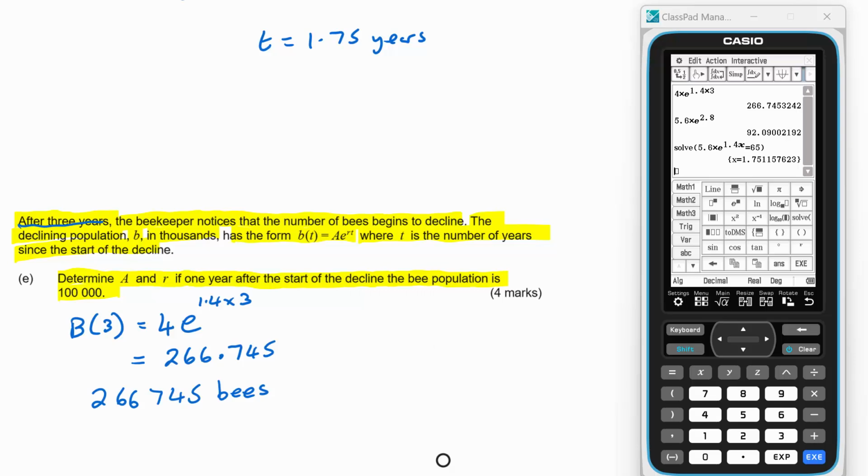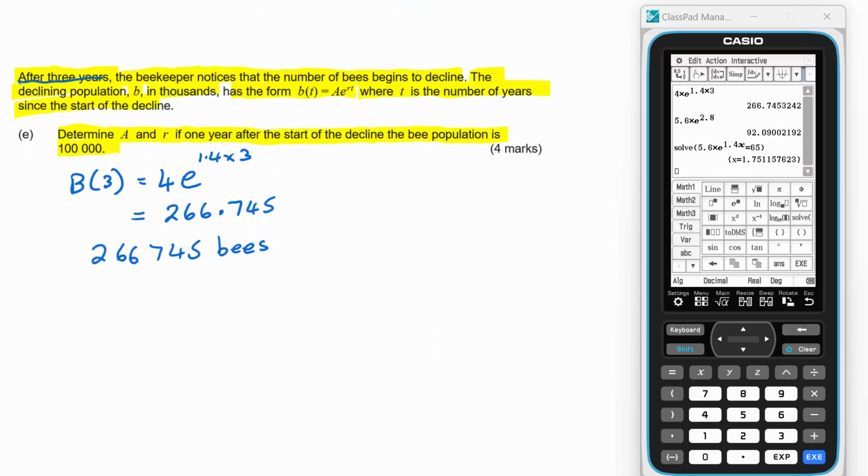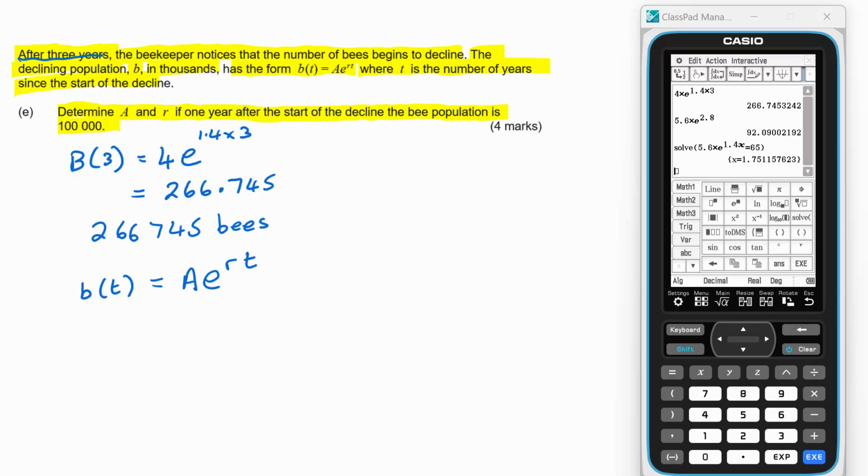So if now small b(t) is equal to Ae^(rt), we know that b(0) is going to be 266.745, which is equal to A. So that's because t equals 0, and this part of the formula is just going to be 1.